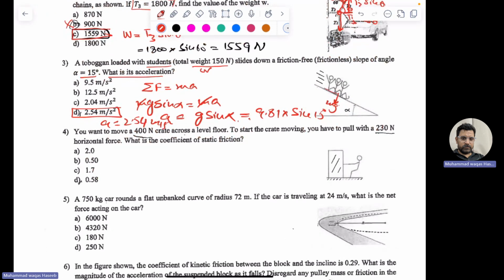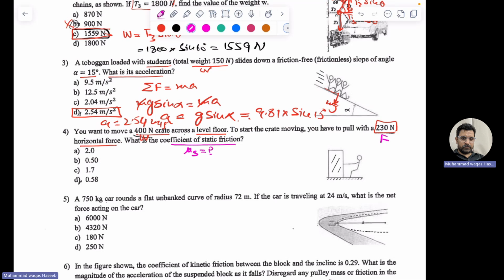Next question. You want to move a 400 N crate across a level floor. To start the crate moving, you have to pull with a 230 Newton horizontal force. This is your weight W and this is your force. What is the coefficient of static friction, mu s?